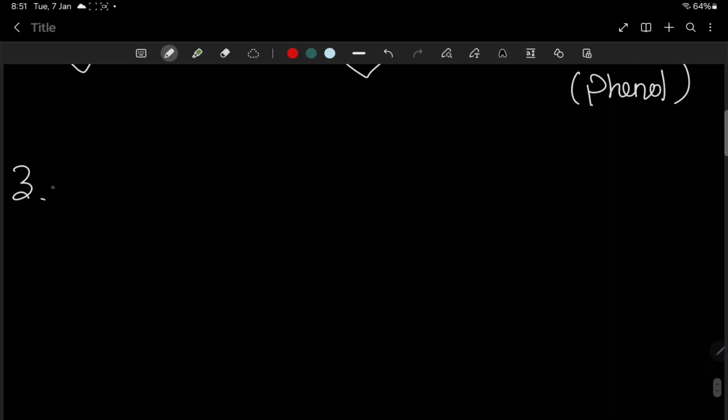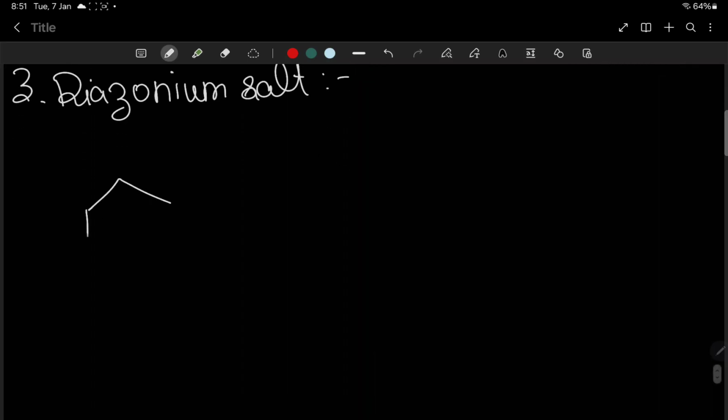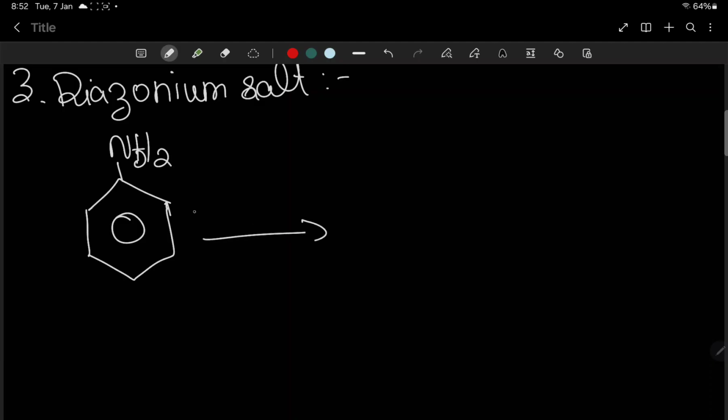Third method is a very important method. This method exists in two chapters, that is from diazonium salt. You know the preparation of diazonium salt. I'll just write it once again: NaNO2 plus HCl at 0 to 5 degrees, that is 273 to 278 Kelvin.